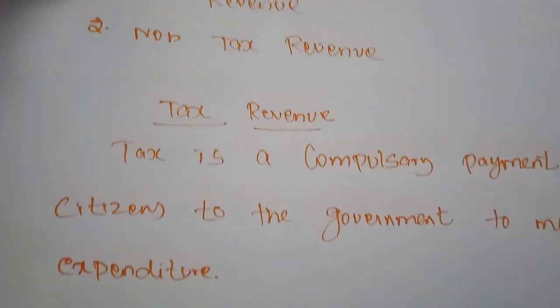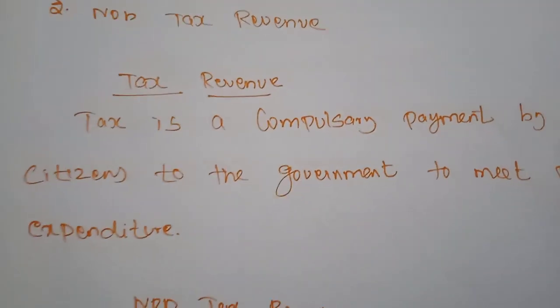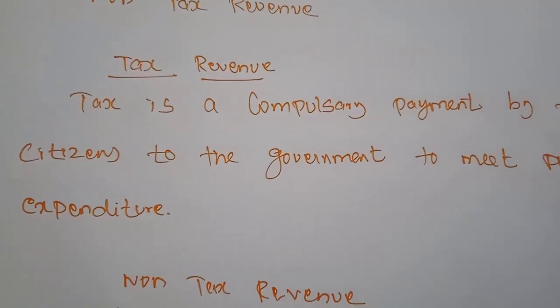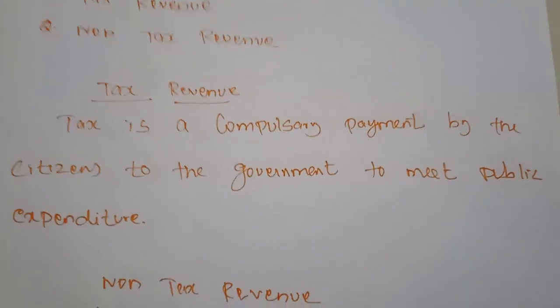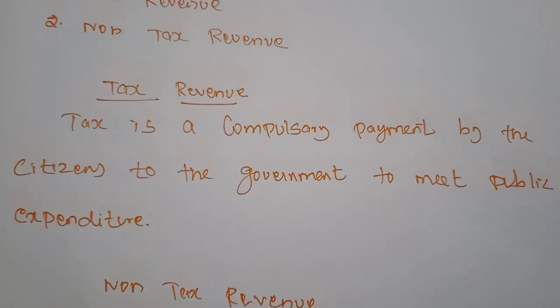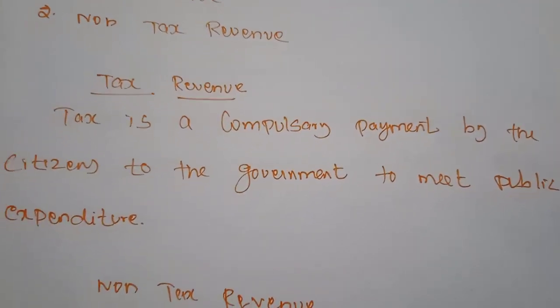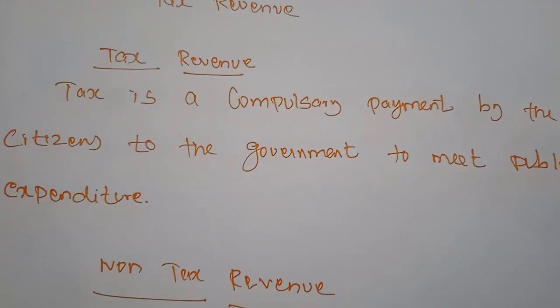First, we have to study tax revenue. So what is the meaning of tax? Tax is a compulsory payment by the citizens to the government. Tax is a compulsory payment by the citizen to the government to meet public expenditures.